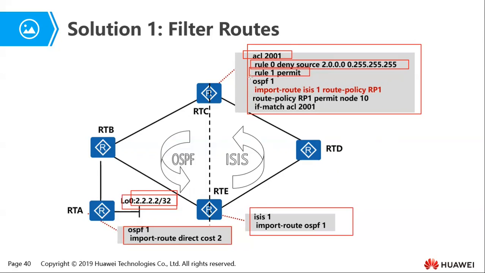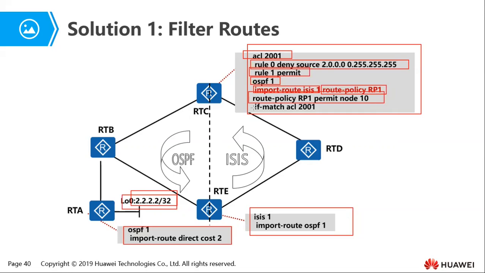So we go to OSPF 1 in RTC. Then we say, when you're importing from ISIS, apply route policy RP1. So what does route policy RP1 say? Route policy RP1 permit node 10.